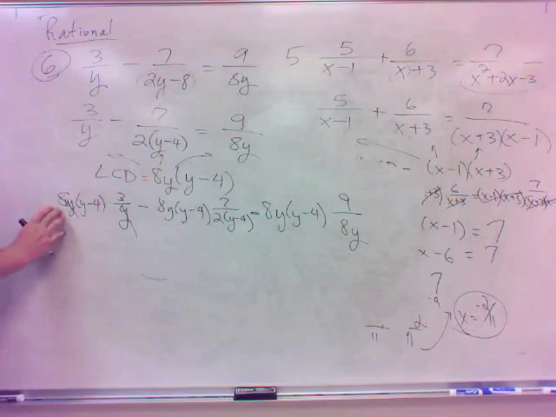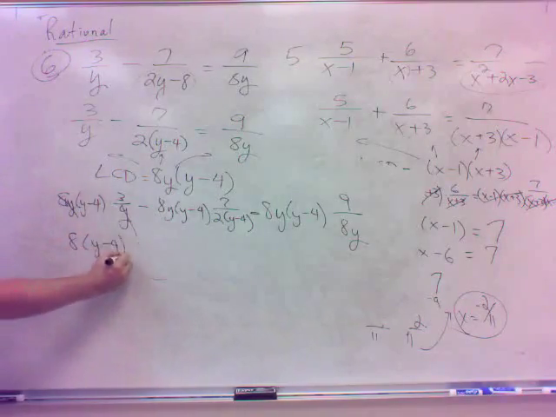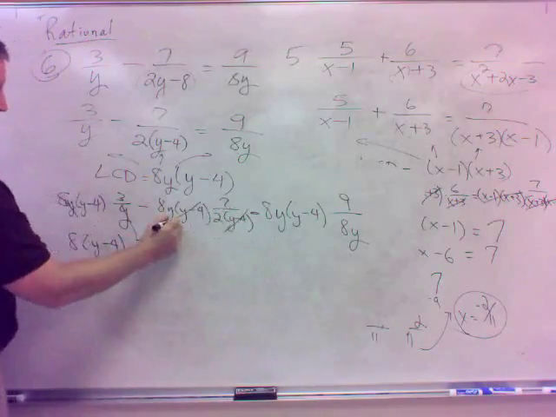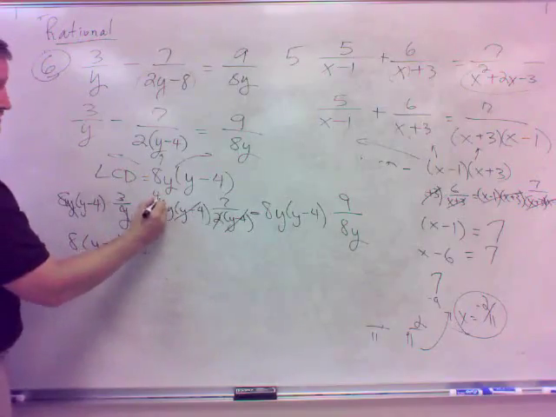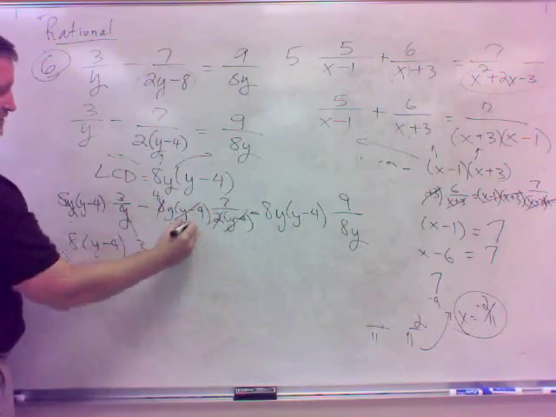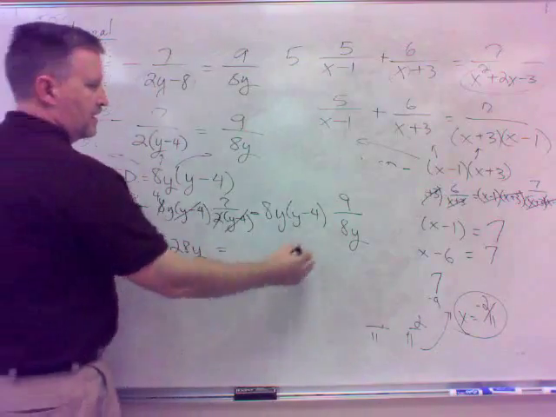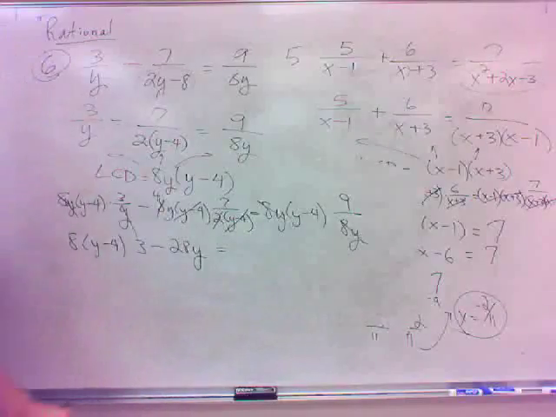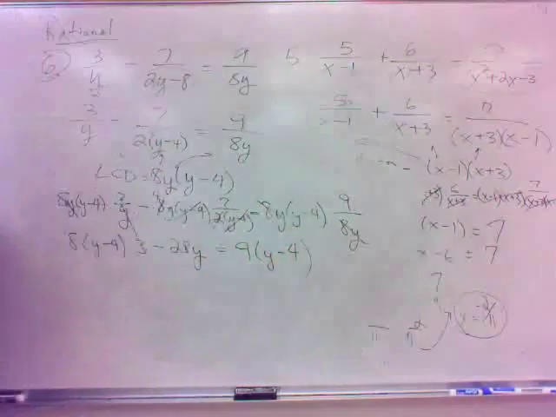All right, so that leaves me an 8 times y minus 4 times 3. Let's just write it that way. Here, y minus 4's cancel. 2 also cancels out because it goes into 8 4 times. So I have 4y times 7, so I have a minus 28y there. And then the last one, the 8y and the 8y cancel. So I have 9 times y minus 4 on the end on the right.